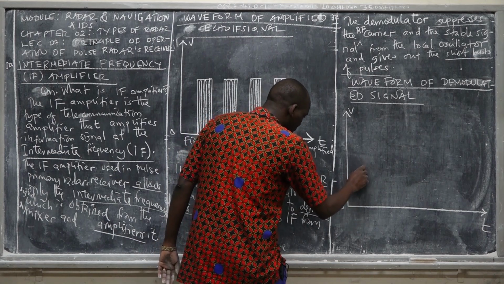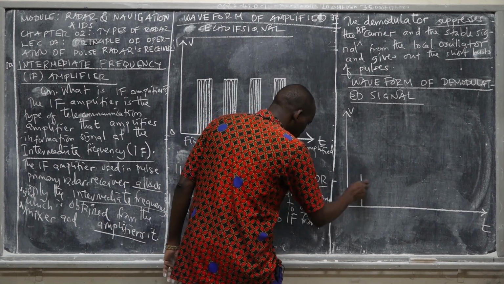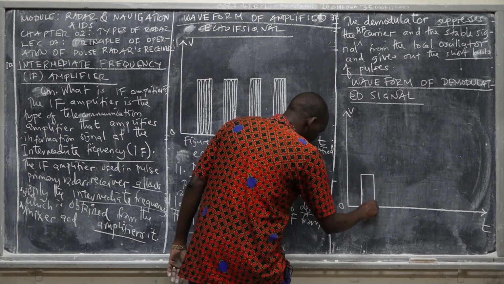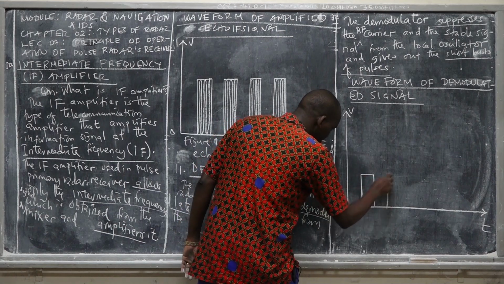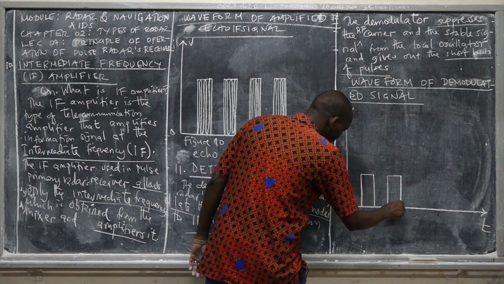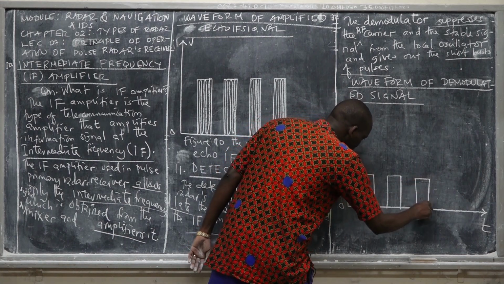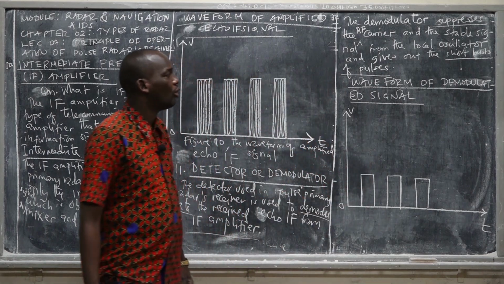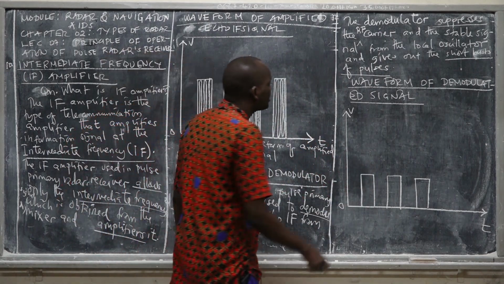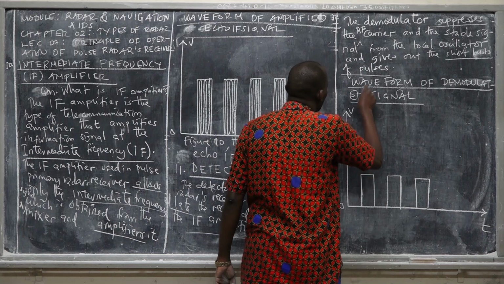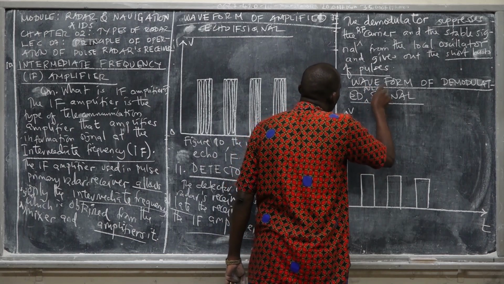This is just a sketch, but you can check the size of the amplitude, measure it and then draw. This is the output, the modulated pulse signal.